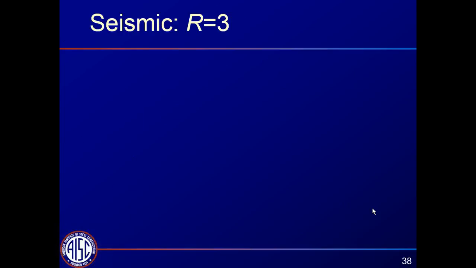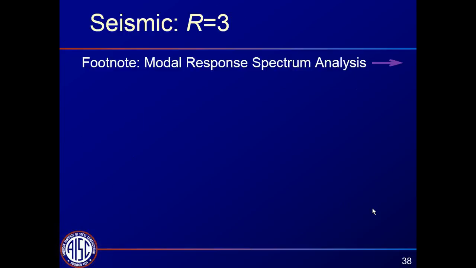Okay, so up to now I've been talking about seismic forces using that equivalent lateral force procedure vertical distribution. A lot of people use modal response spectrum analysis, which requires me to introduce a new color, purple.